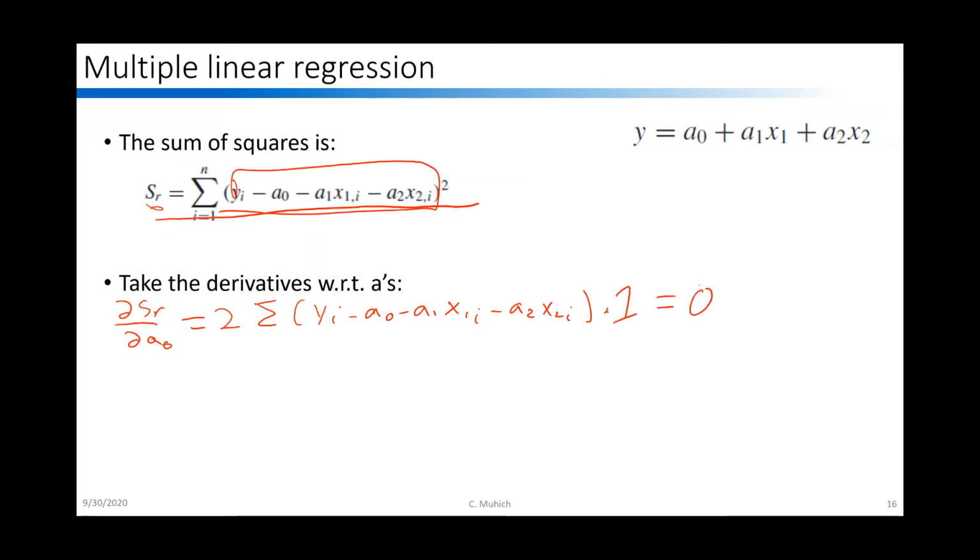And so we're going to then set that equal to 0. Okay, so we're going to do this again for a1, a little bit faster. Once again, have that 2 come out. We have the inside of that product rule.